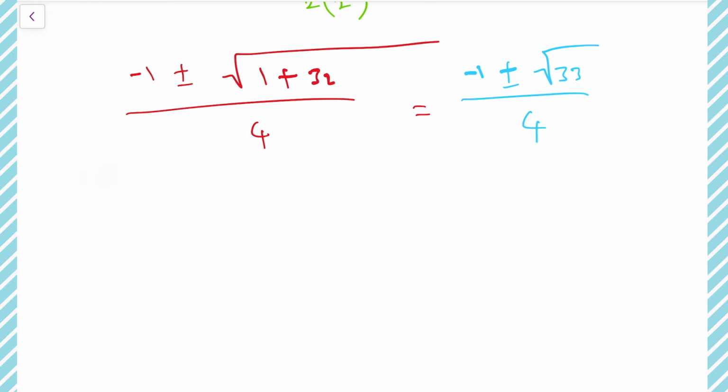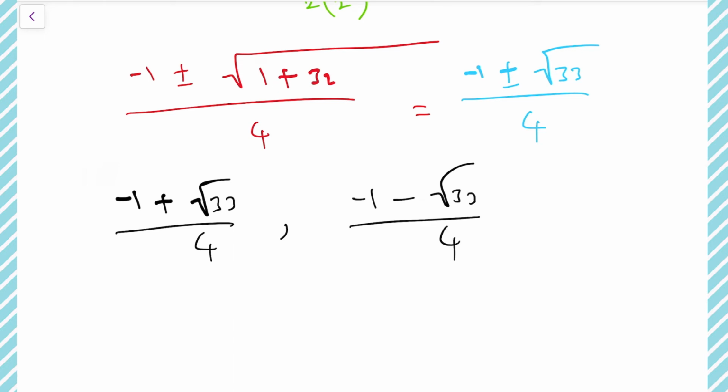Just simply divide it. Once I am taking minus 1 plus root 33 by 4, or minus 1, now I am taking minus under root 33 by 4. Here we have plus or minus, right? So that's why I am taking one time as plus and one time as minus. So the roots of the given quadratic equation are minus 1 plus root 33 by 4 and minus 1 minus root 33 by 4.